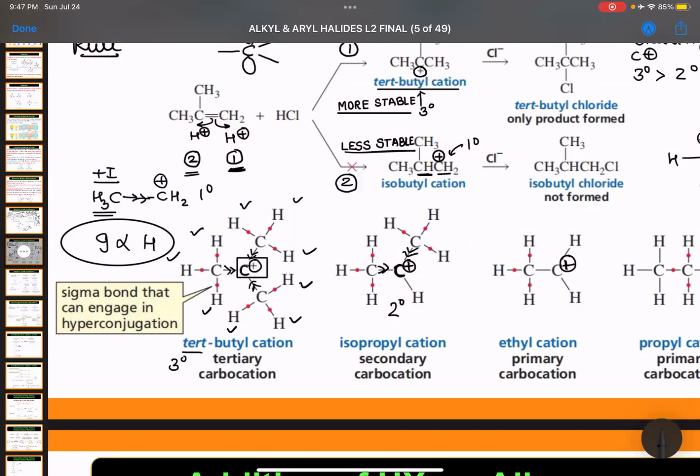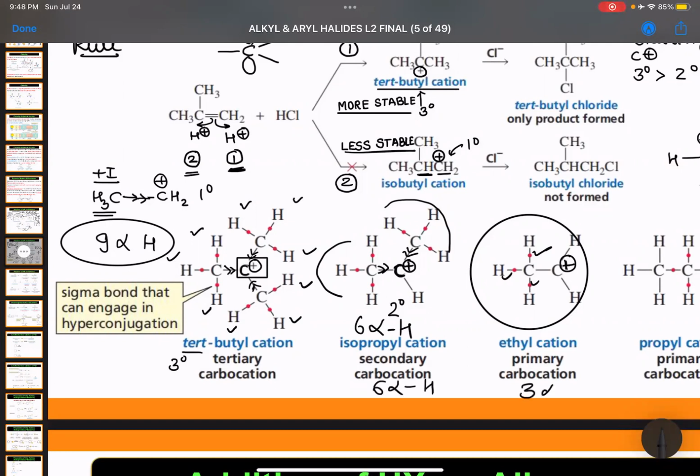And they can contribute their electron density turn by turn to C plus, and that's how your C plus will become stable. The secondary carbocation has 3 and 3, so 6 alpha hydrogens. I have shown you this for the carbocation in which the 3 C-H bonds turn by turn participated in hyperconjugation. The secondary carbocation shown here has 6 alpha hydrogens.